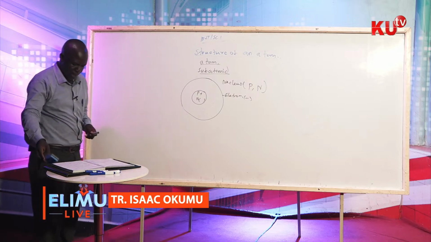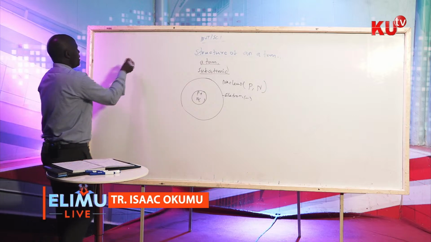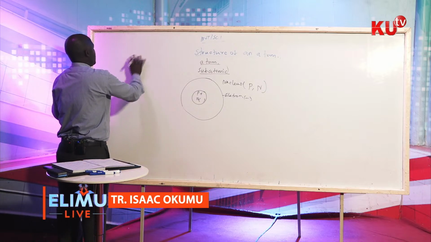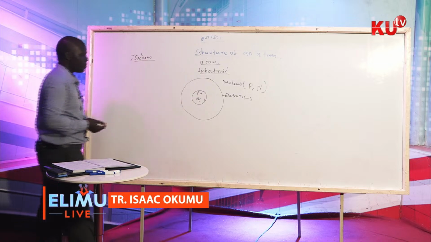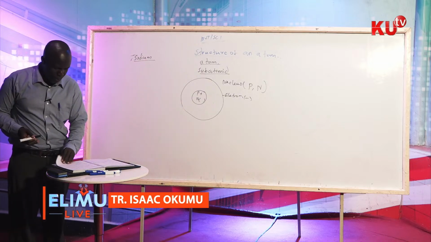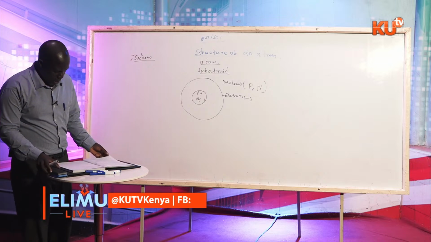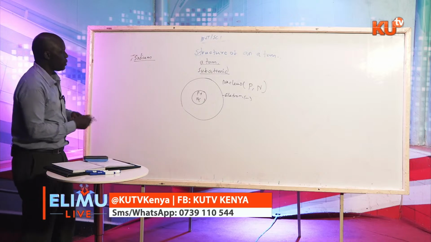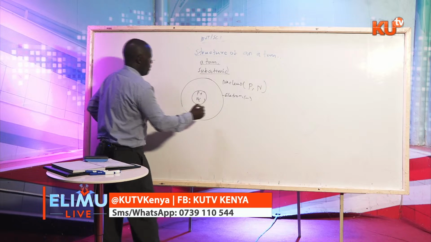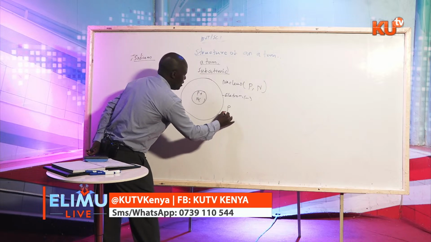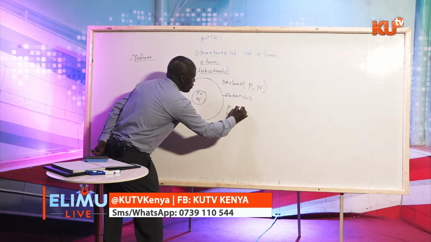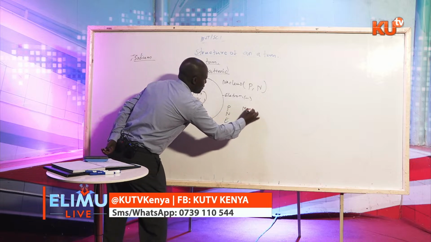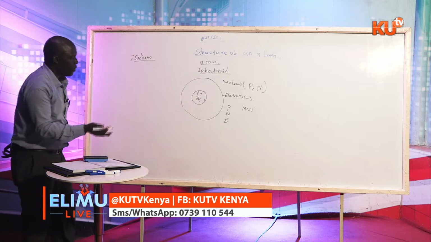Let's take for example the element called sodium. Because of time, I'll just look at sodium very fast. With sodium, we must know the number of protons, neutrons, electrons, and then the mass number. So what is the mass number?